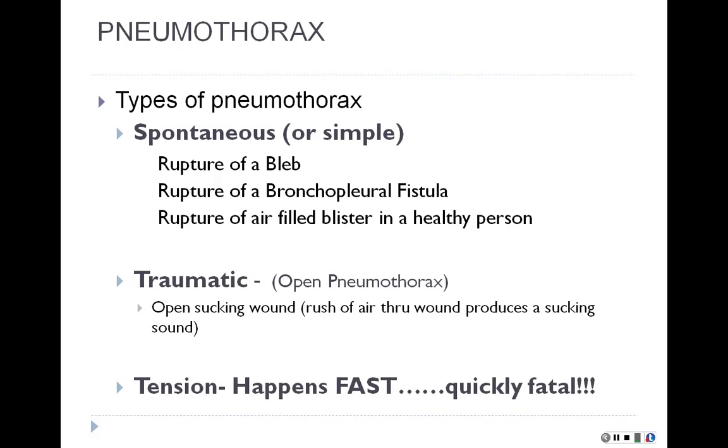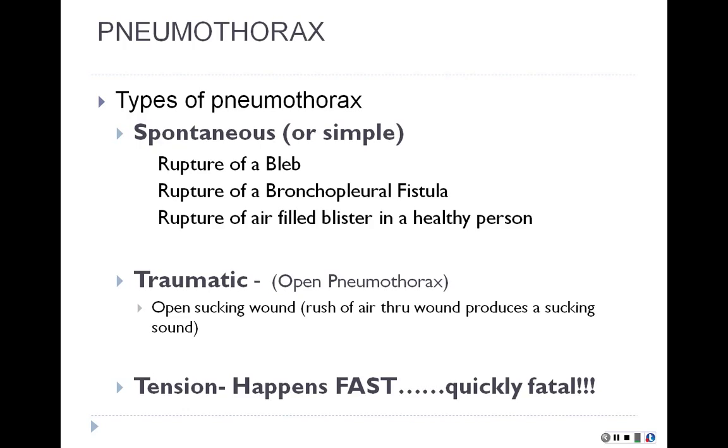Sometimes they'll just have to go in and surgically rough up the pleura to get it to adhere and stick and not keep collapsing on itself. So anyway, those are the different types that are all spontaneous, but with different causes.